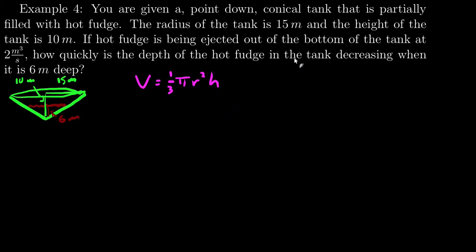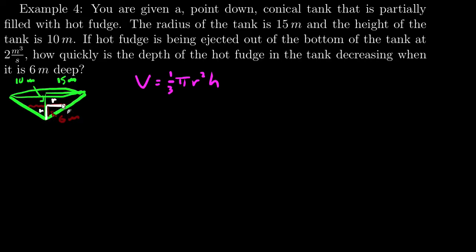But notice, I'm never talking about the radius of the hot fudge, which is going to be less than 15. It's inside this tank. I'm always talking about the depth of the hot fudge. That's h. So the first thing I'm going to do is try to figure out how to deal with h in terms of r. So here's the r, here's the h.